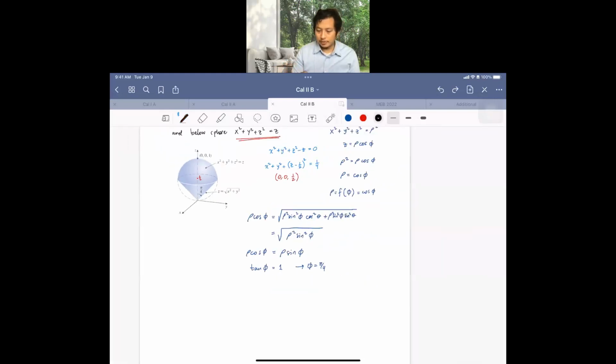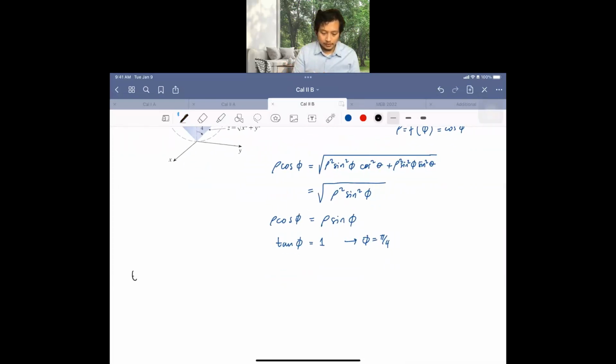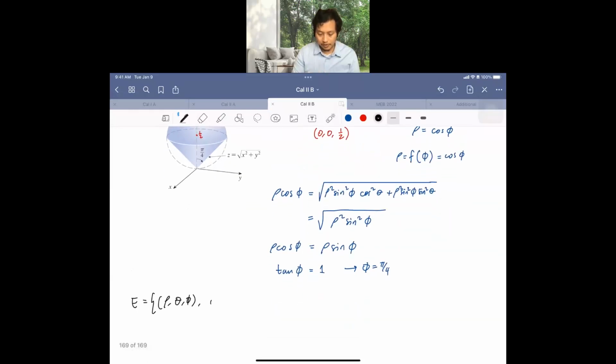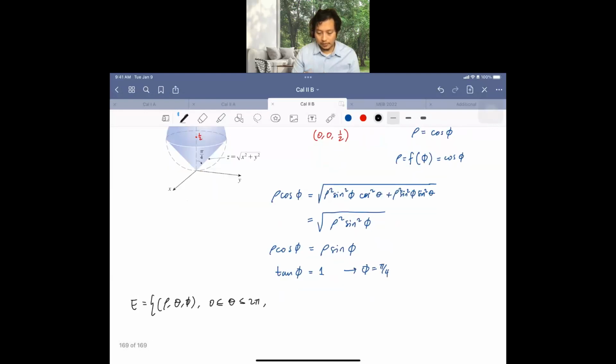And then we can write the description for the region E. So we write all the possibilities. For the full circle, theta is from 0 to 2 pi. And then for psi, it is from 0 to pi over 4. And then what is happening for the radius?